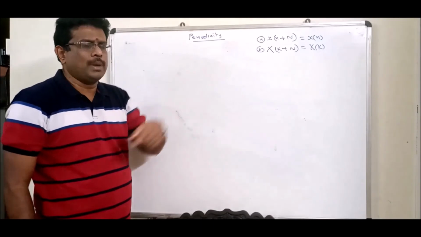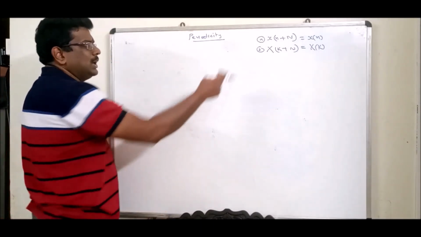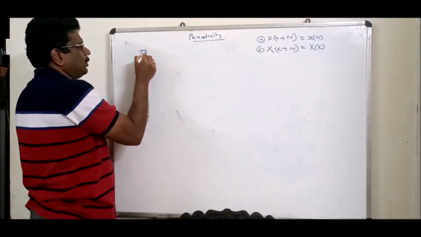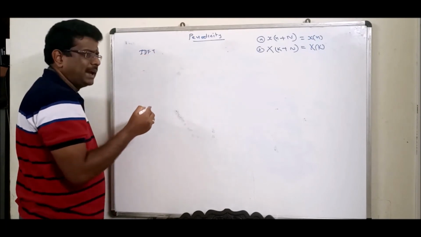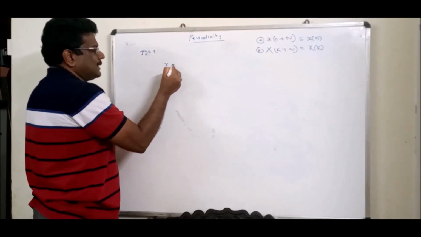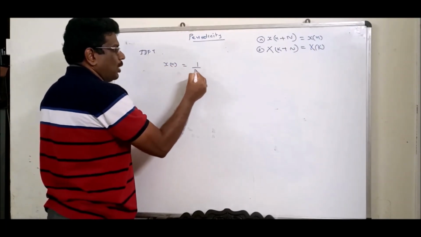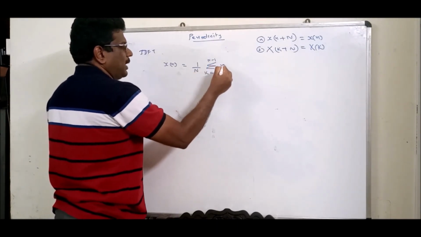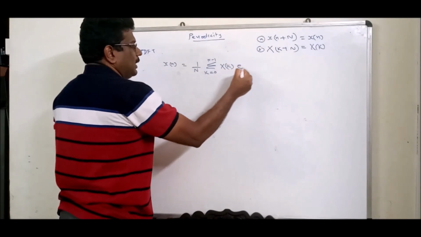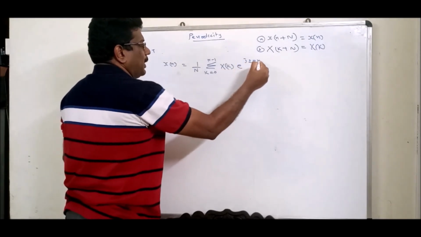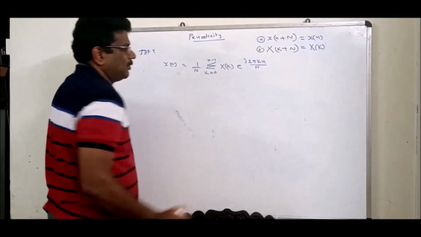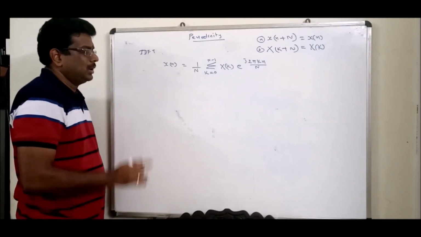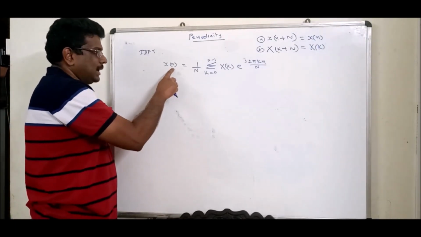With the same work, let us prove A: the time domain also obeys periodicity. I took the DFT. Now I am going to take, I hope you can guess, the IDFT. x of n equal to 1 by N, summation k equal to 0 to N minus 1 x of k e power j 2 pi kn by N, which is your IDFT formula. Recall, there is n here.